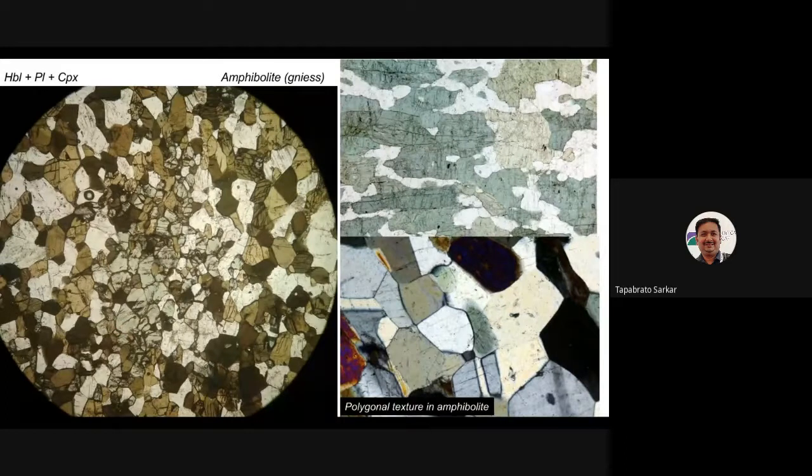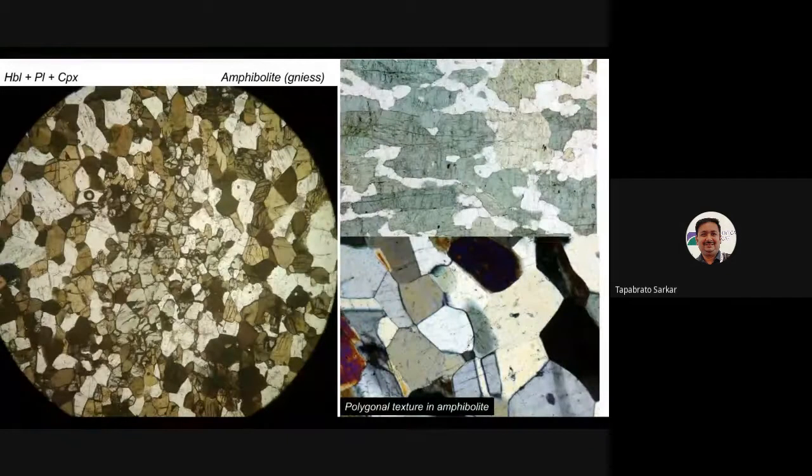And here are some pictures as well. You can see some polygonal texture where you see straight grain boundaries between the different grains. This indicates that we have reached a substantially high temperature of metamorphism where the grains have recrystallized and formed a polygonal nature, very similar to many igneous textures.